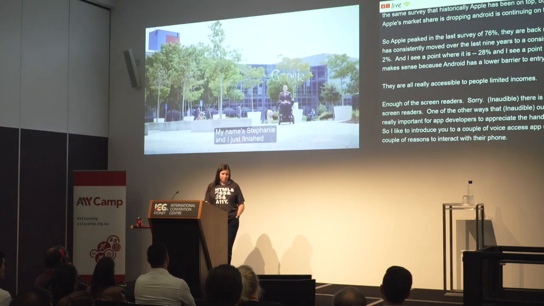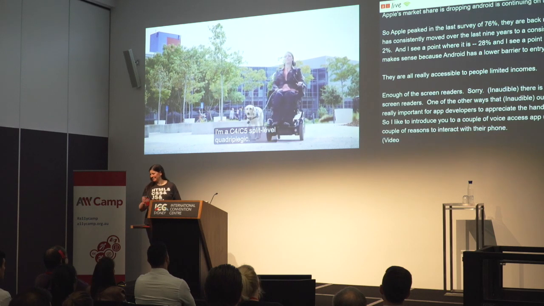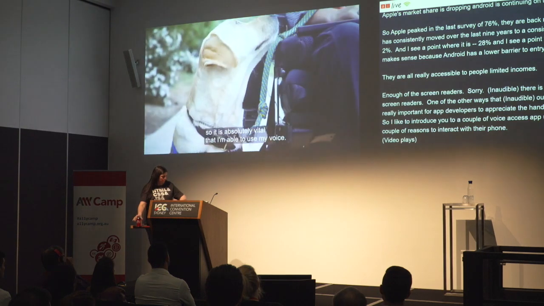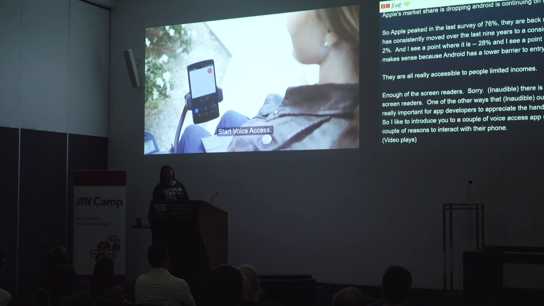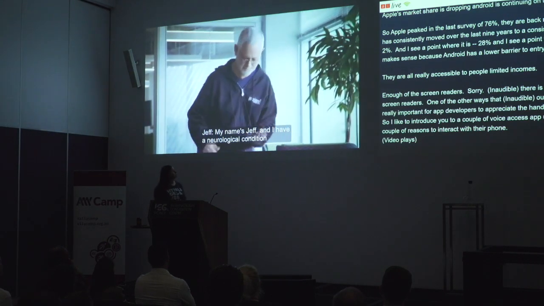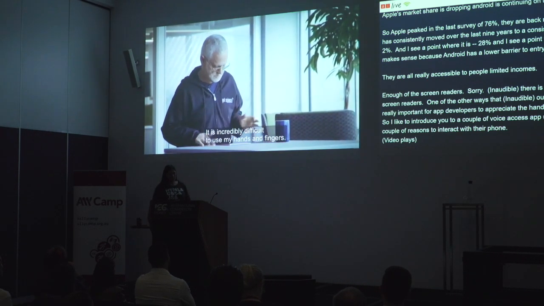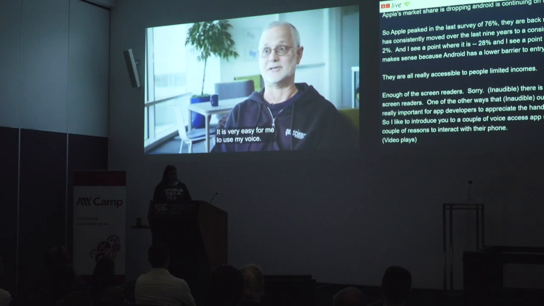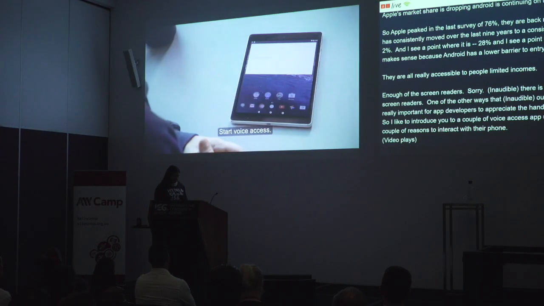My name's Stephanie, and I just finished my master's in advertising. I'm a C4, C5 split level quadriplegic. I have no feeling from my collarbone down, so it is absolutely vital that I'm able to use my voice. Okay, Google, start Voice Access. My name's Jeff, and I have a neurological condition called essential tremor. It is incredibly difficult to use my hands and fingers. It is very easy for me to use my voice. Okay, Google, start Voice Access.